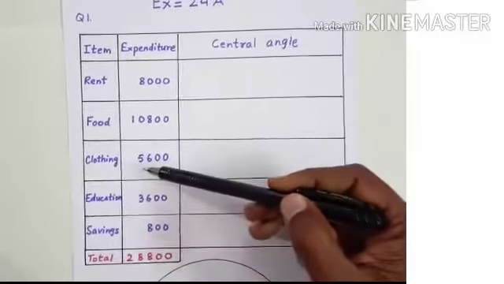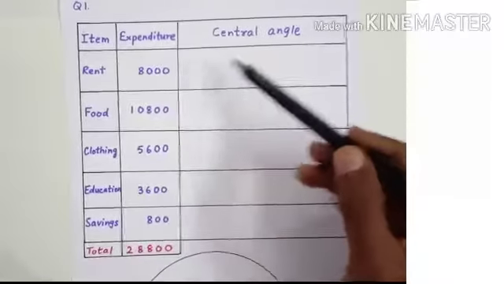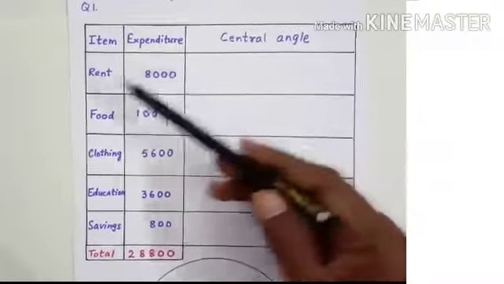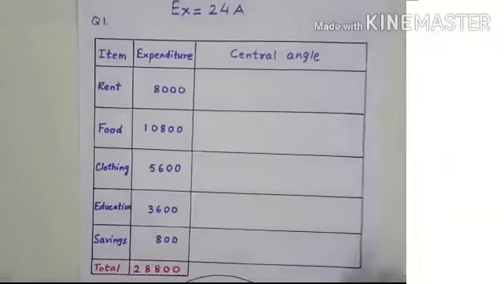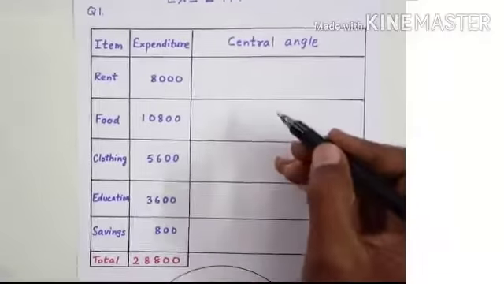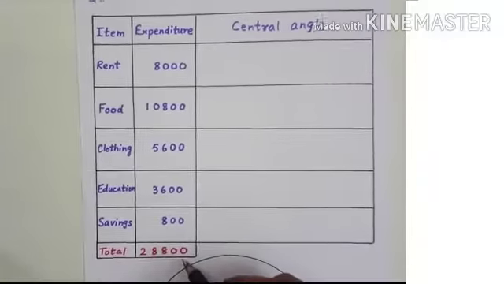For constructing a pie chart, we need the central angle of each item. First, I am finding the central angle for rent. So the total given is 28,800.